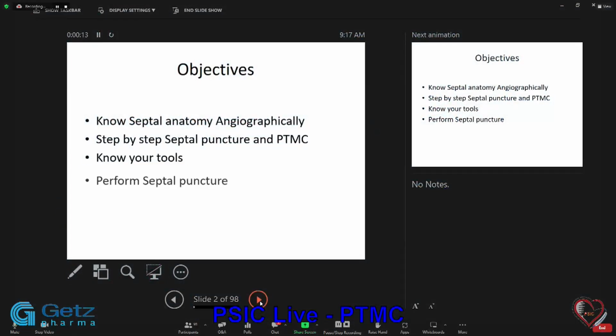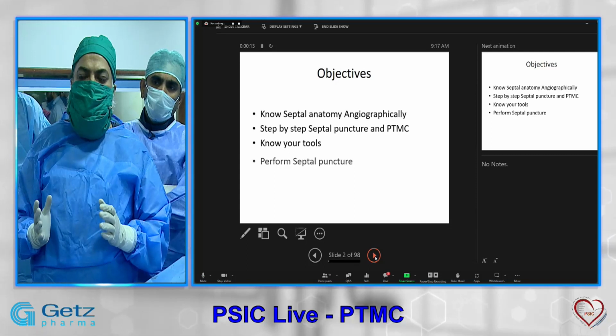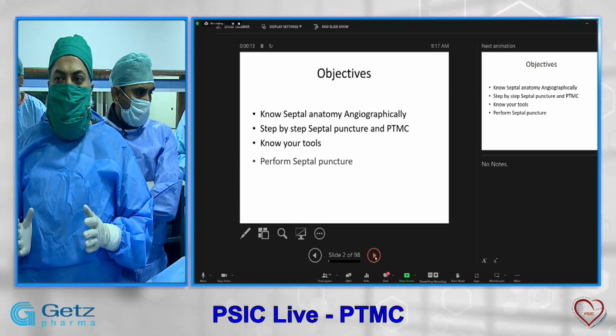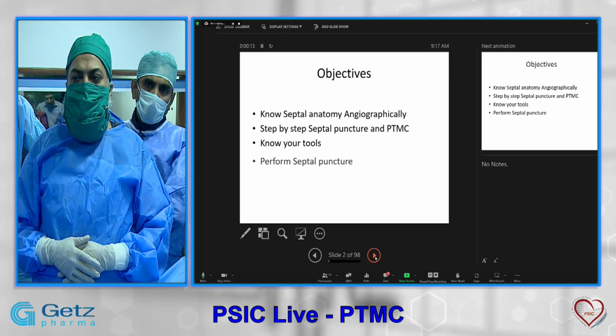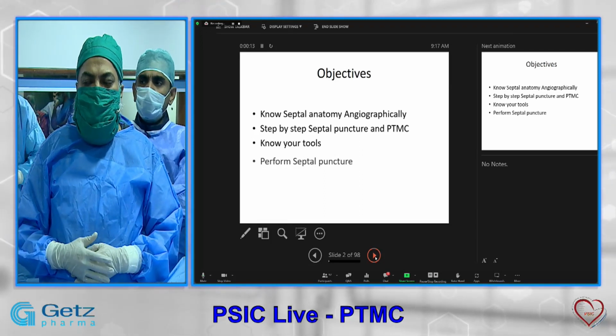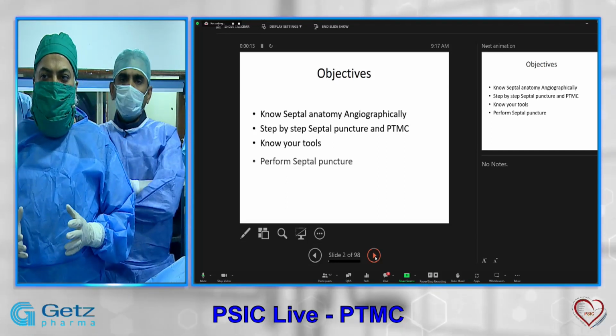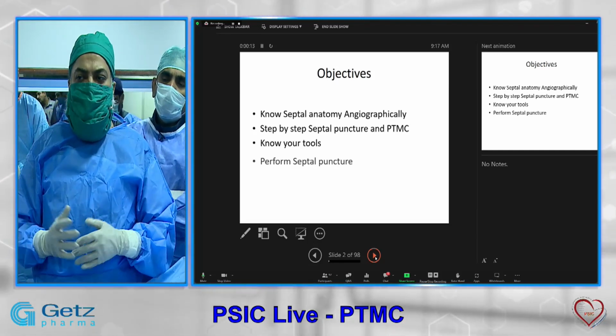So this is basically a fluoroscopic view. Once we are puncturing the septum, we need to know the fluoroscopic anatomy of the heart before we proceed, because our understanding of the heart is quite different from the fluoroscopic anatomy.